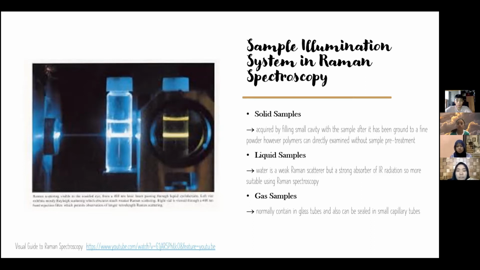Meanwhile, for liquid samples, water is a weak Raman scatterer but a strong absorber of infrared radiation, so it is most suitable to use Raman spectroscopy. And the last one is the gas sample, which is normally contained in glass tubes and can also be sealed in small capillary tubes.